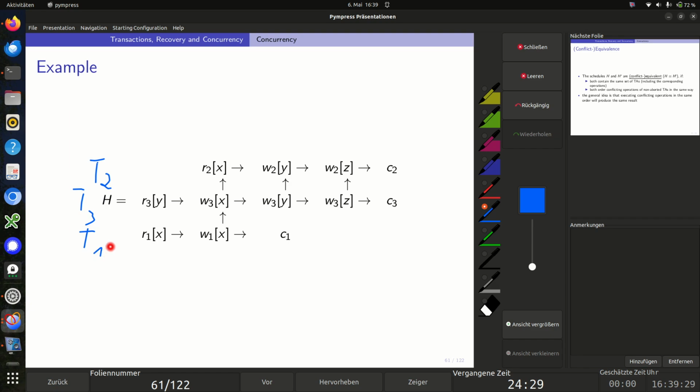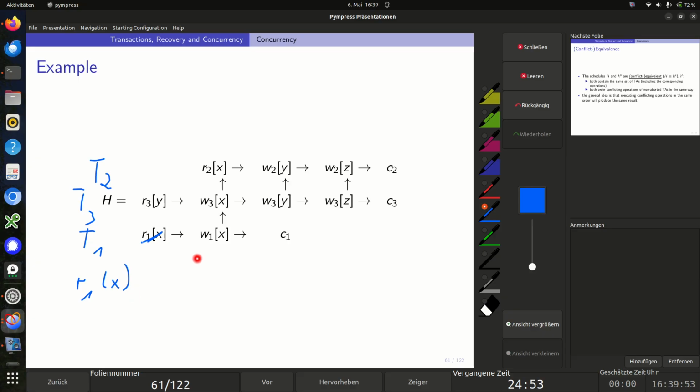Okay, so let's make a serial schedule. Where should we start? Which is our first one? Read 1. Okay, we can take it. So we can always pick an item there's no arrow pointing to. Here's no arrow pointing to, so we can use it, R1.